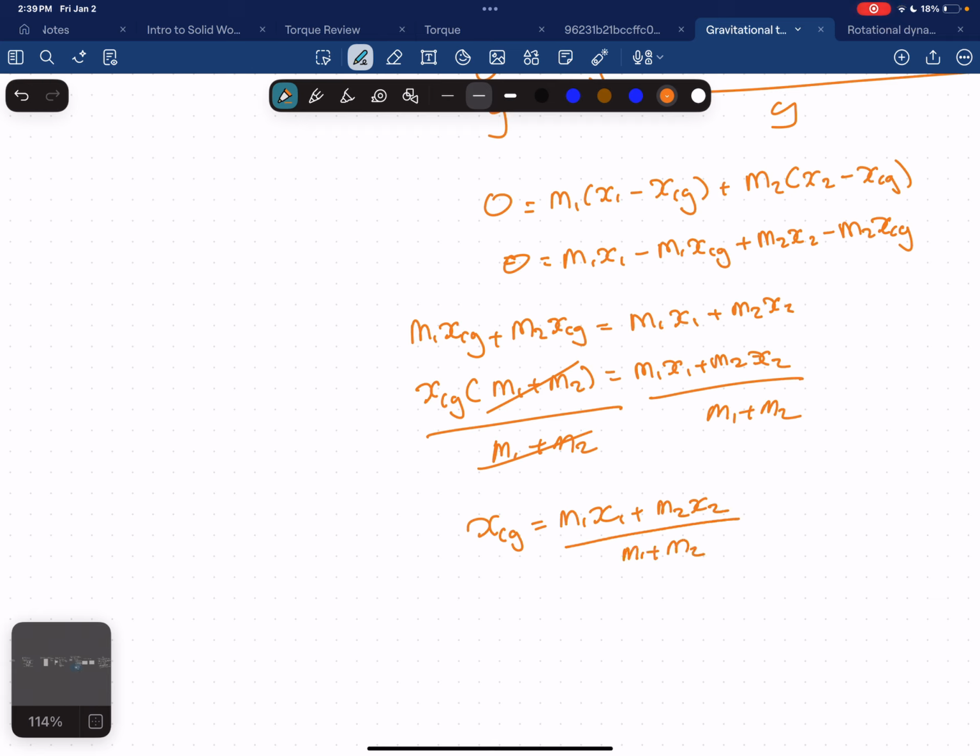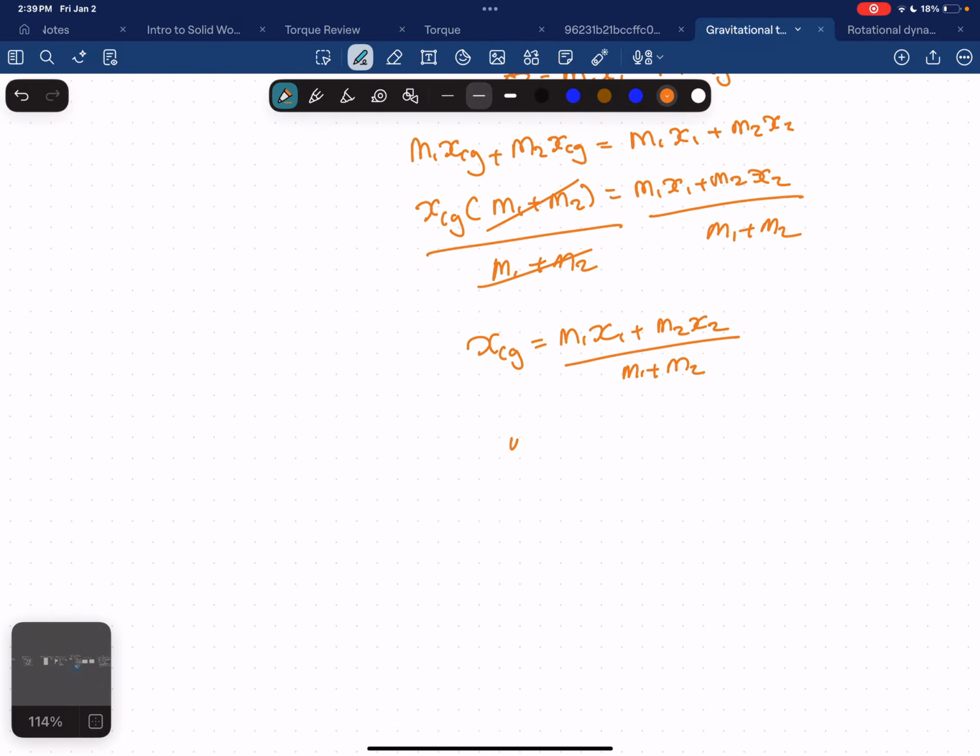Beautiful, isn't it? It's for the x direction. In the y direction, it's the same thing. Instead of x, you got y in the y direction.